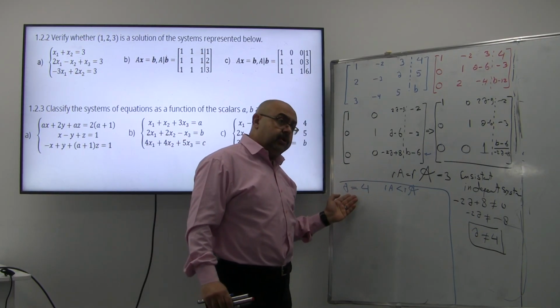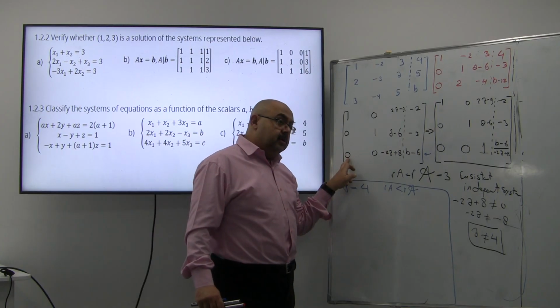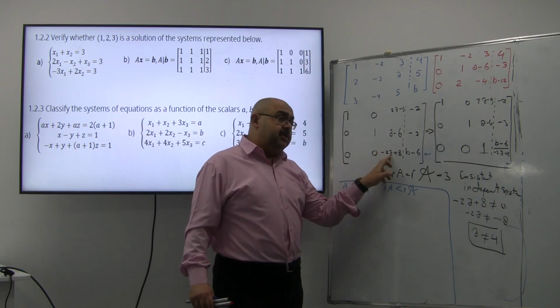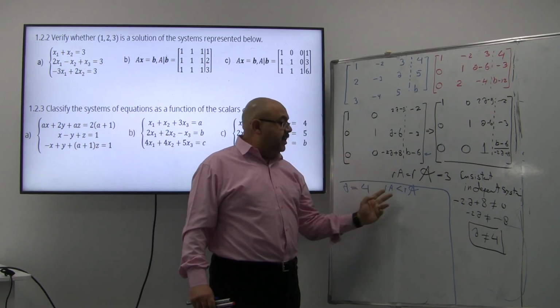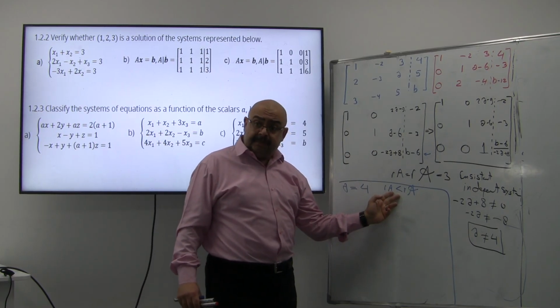If A equals 4, this will be 0, this will be 0, this will be 0. So the rank of this matrix is going to be less than the rank of the augmented matrix.